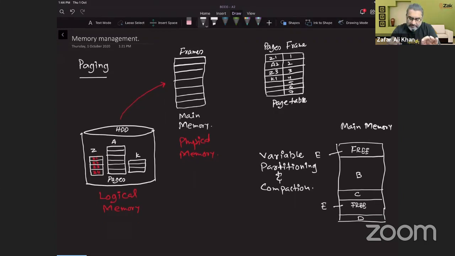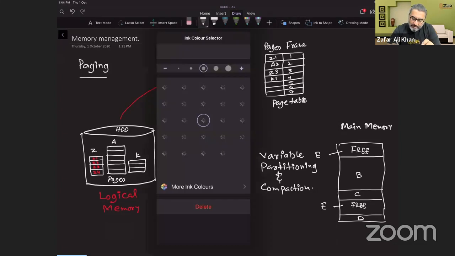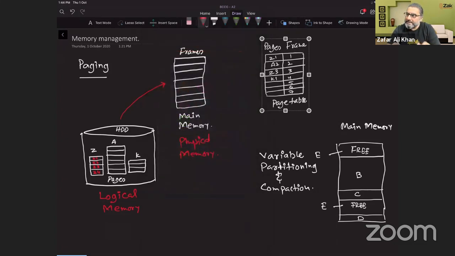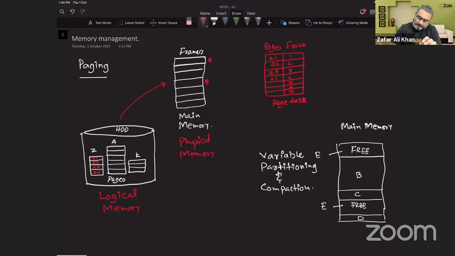One of these managers looks into the frames, and any of the pages which have not been used for the longest time are marked. All right, those are marked. Why? Because they are the idle frames for the most time.